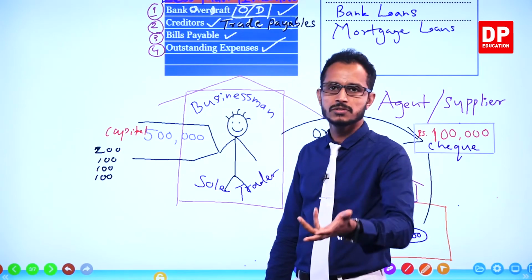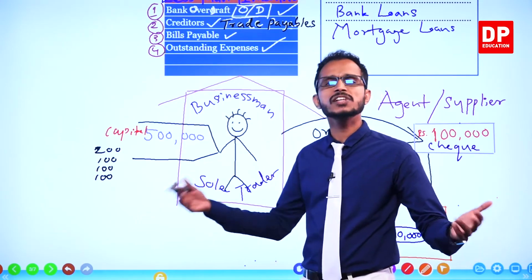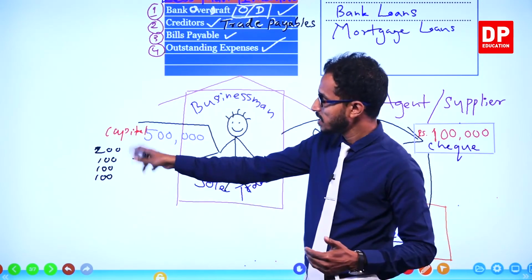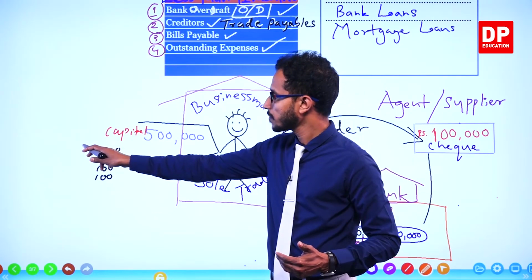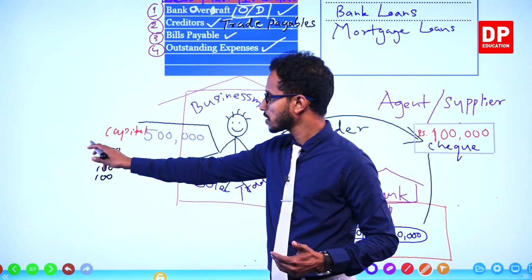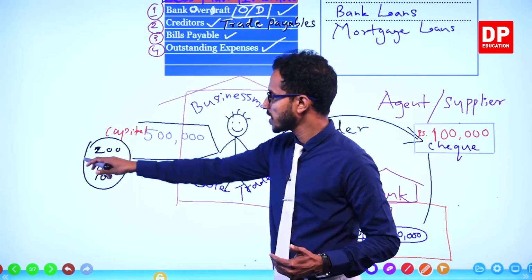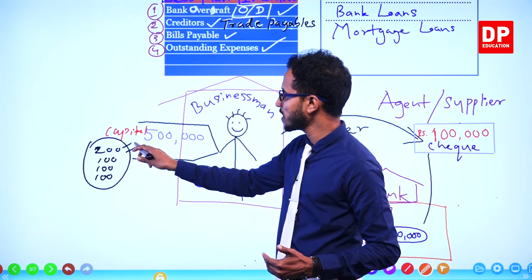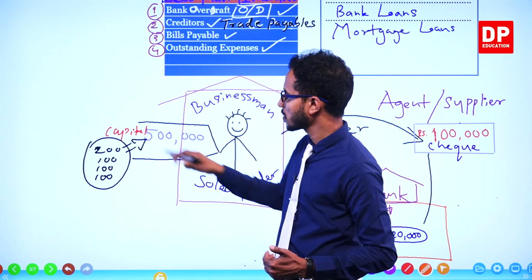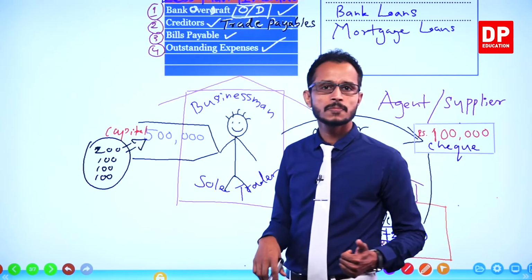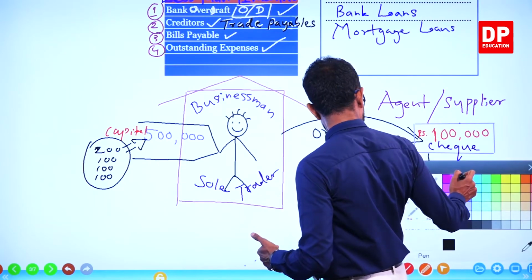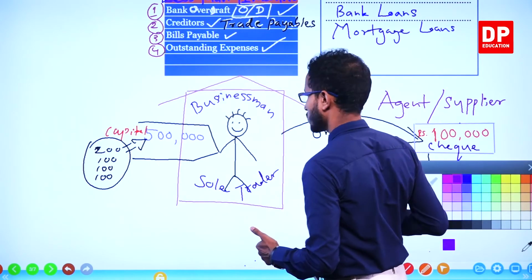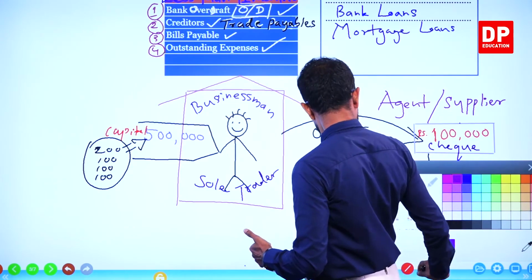I have invested these to the business, and only then have I started the business after all these assets have been invested. Do you get it? That's how this 500,000 has been made up. 200,000 worth of cash.